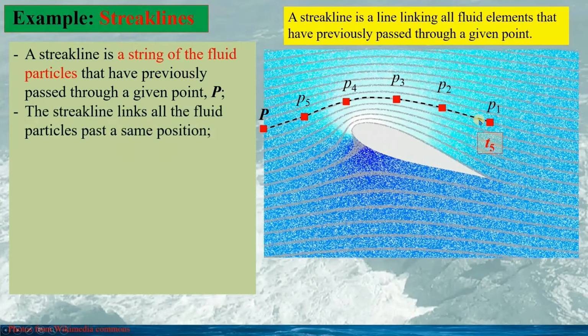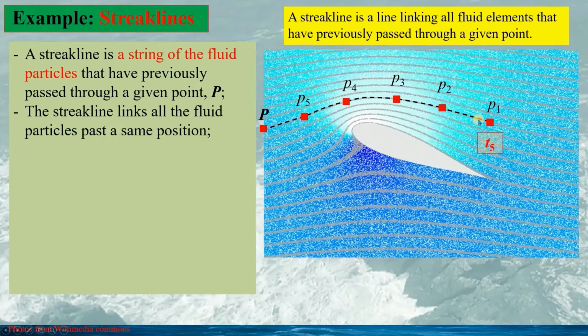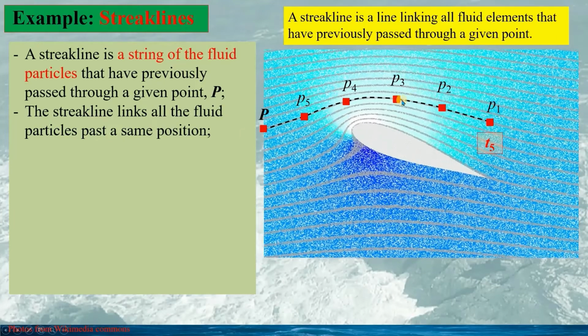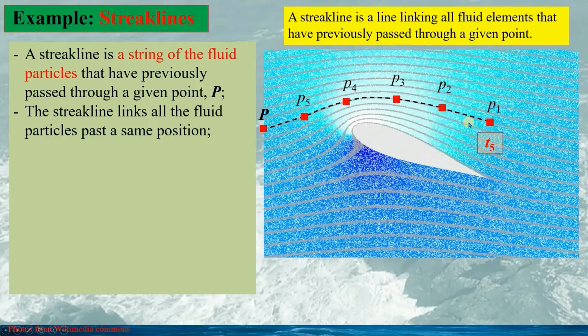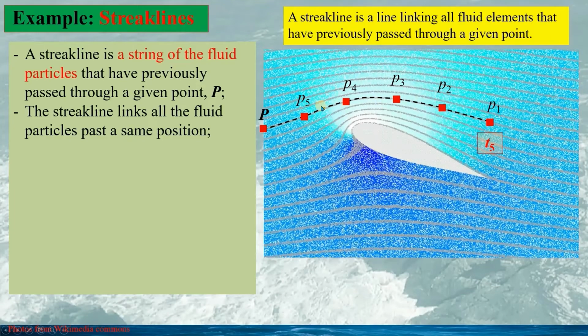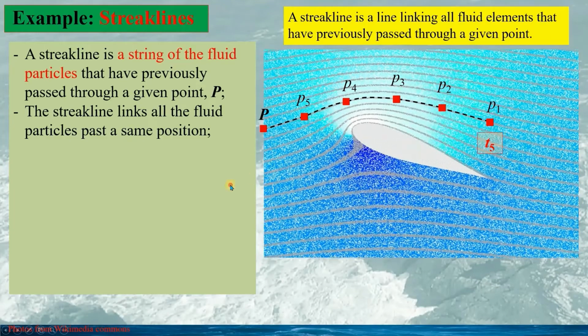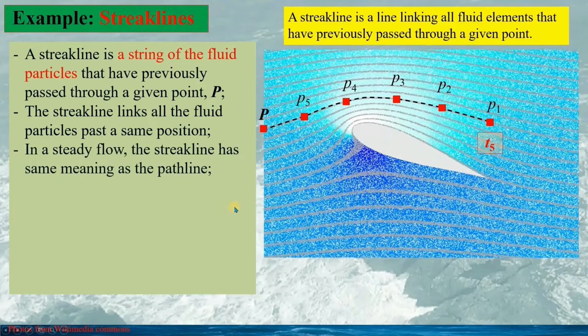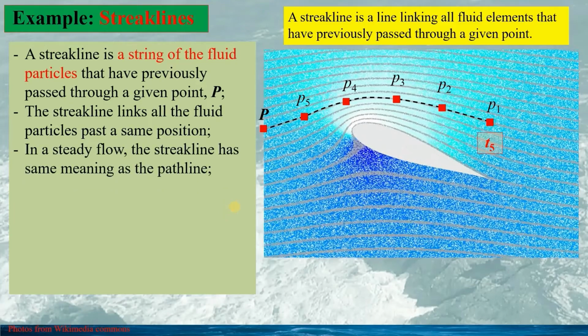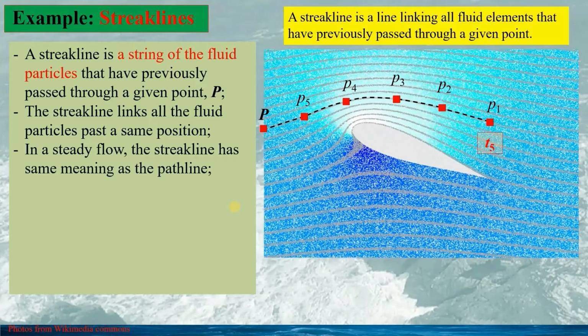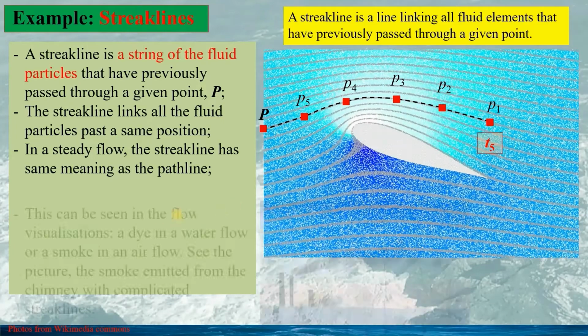So the streakline links all the fluid particles past the same position and makes a string of the fluid particles, see here. In a steady flow, the streakline has the same meaning as the pathline.